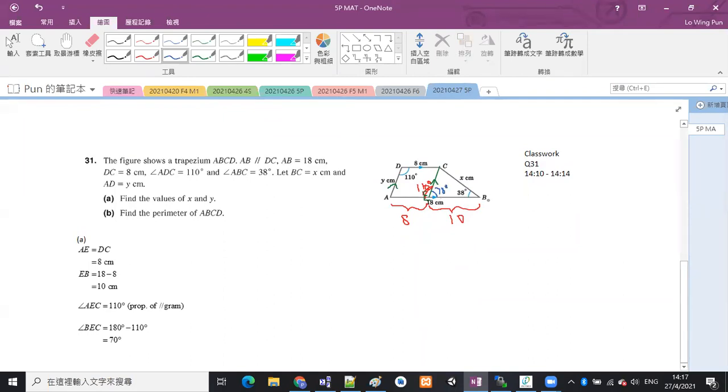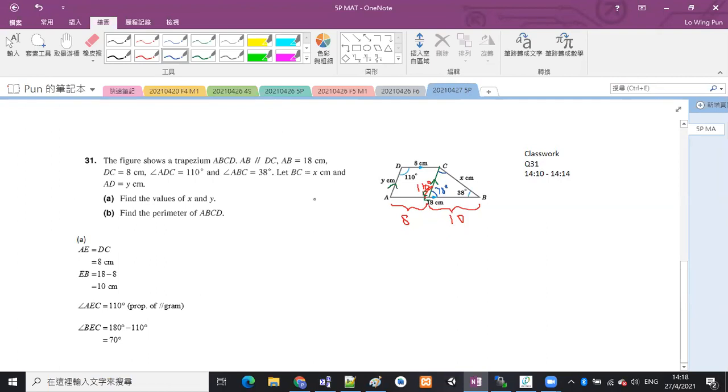In triangle BCE, we have the first angle, we have the second angle, so we may find the third angle. And we need to find this angle because I need to find a corresponding length and angle pair with the 10.